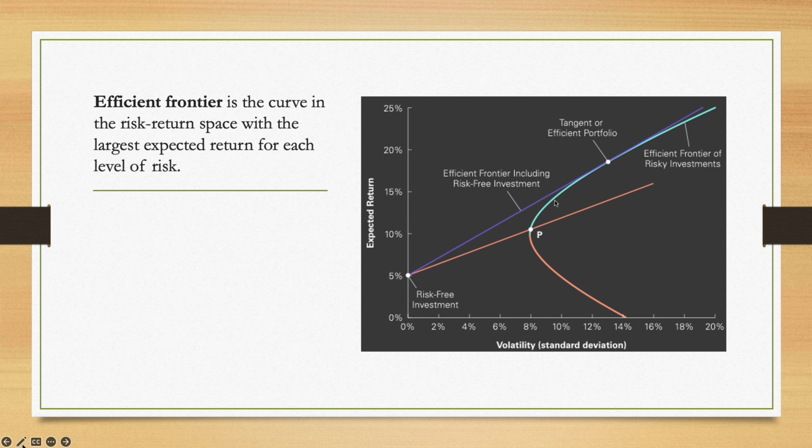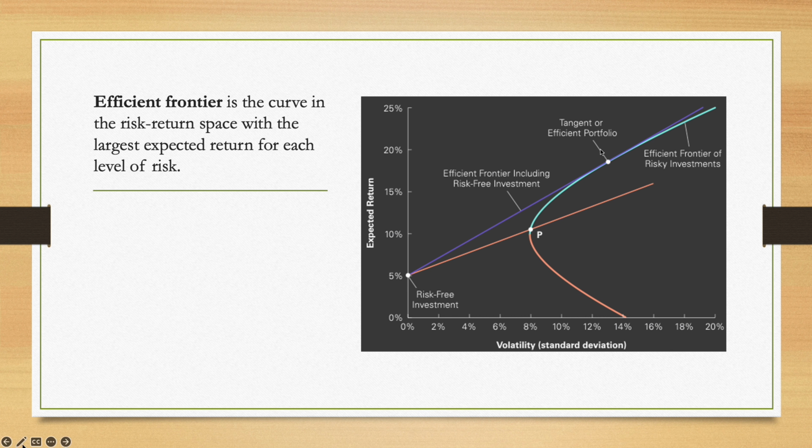If we look at the graph on the right-hand side, the blue curve here is the efficient frontier of risky investment. And the purple line here, which is also the tangent line to the blue curve, is identified as the efficient frontier, including risk-free investment.